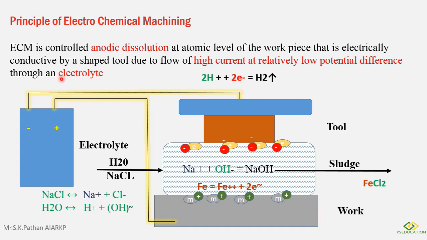Because of this reason, this machine is called electrochemical machining. So here we got the machining because of the chemical reaction first, and this chemical reaction is because of strong electric current. Let's see how this machine works.